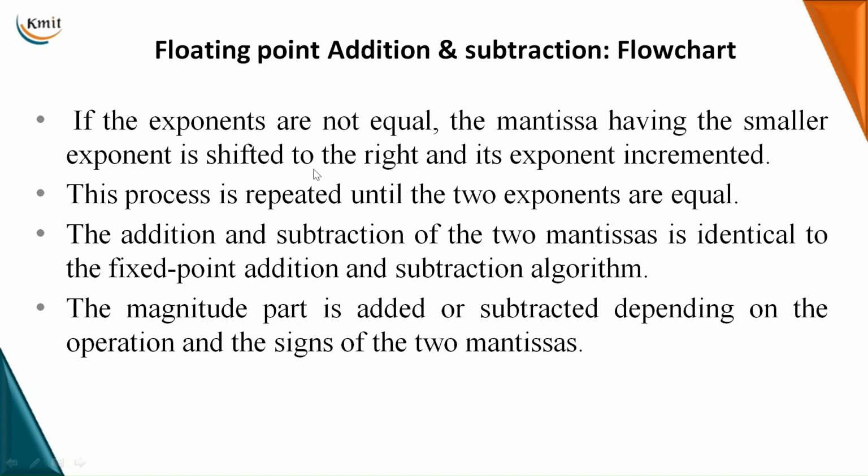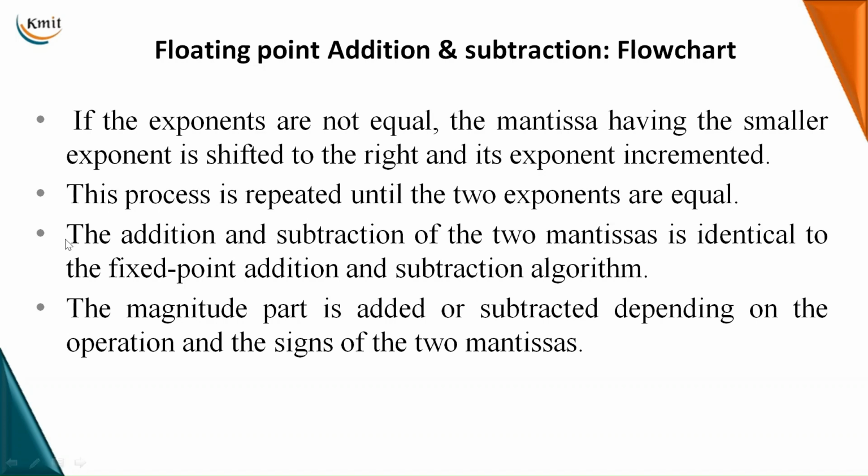This process of shifting has to be repeated until the two exponents are equal. So that is aligning the mantissas. You have to align the mantissas of your operands in such a way that both operands' exponents remain the same.